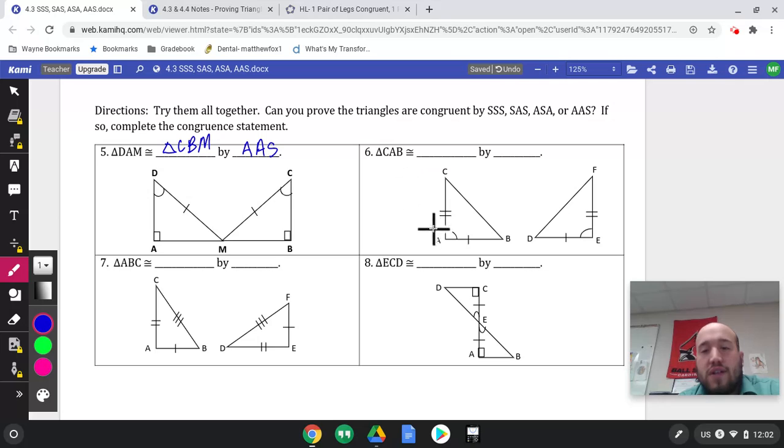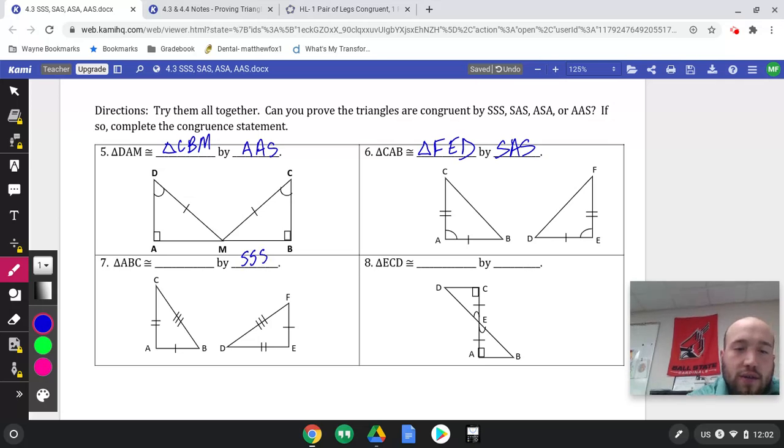So on this next one, we have a side, an angle, and a side on both of them. So that'll be SAS and CAB. CA goes over the double, so it has to be FED. All right, here we have 3 sides that are marked on both, so that's by SSS. So we have to be careful if it's ABC.